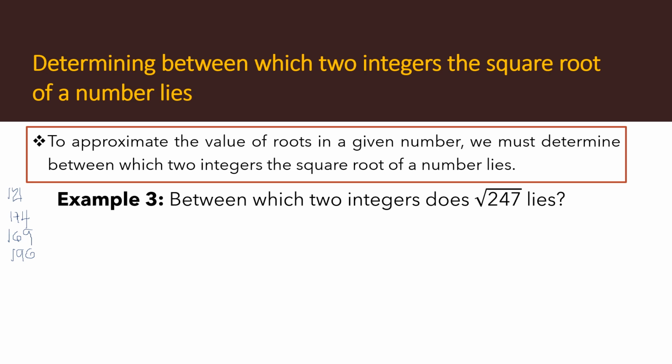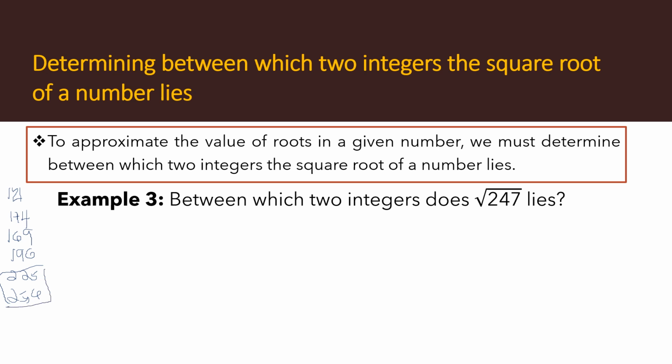We're almost there. Next, let's try 15 times 15. The result is 225. And the next after that, we have 16 times 16. The result is 256. So it is between these two perfect squares.